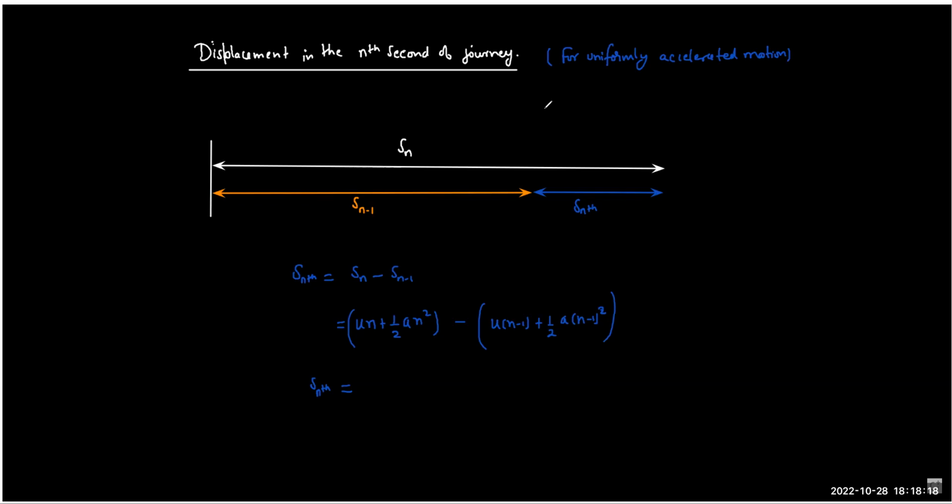And once you subtract, you get a simple answer. How difficult is it to subtract? Tell me, Shreya and Rugved, what is the answer you're getting? u minus 2an plus a. u minus or plus? Plus 2an minus a.